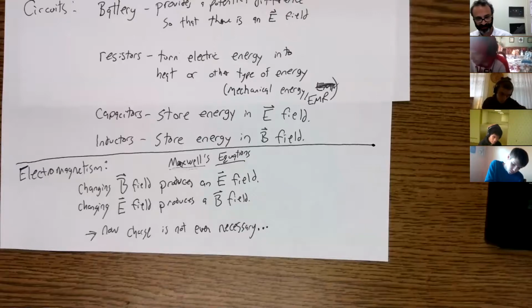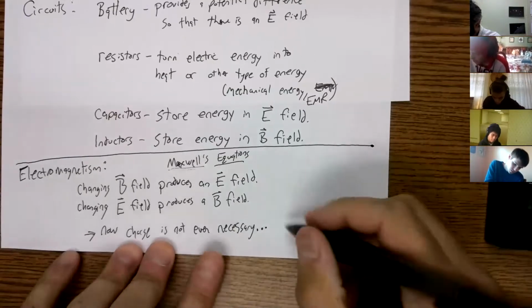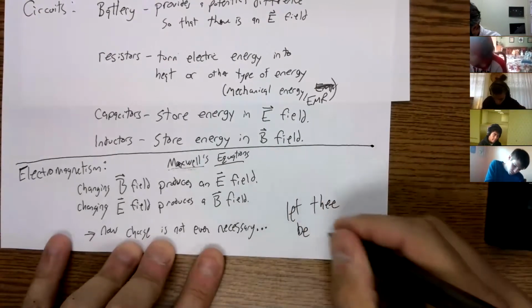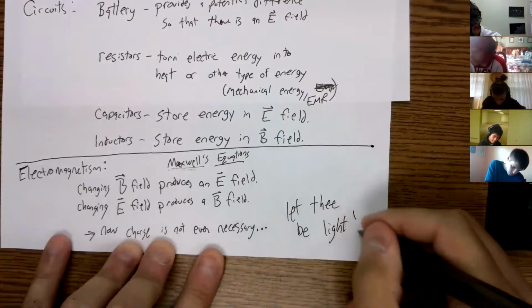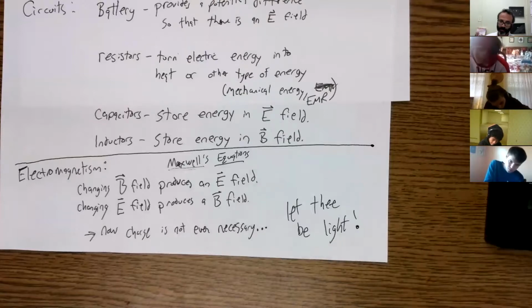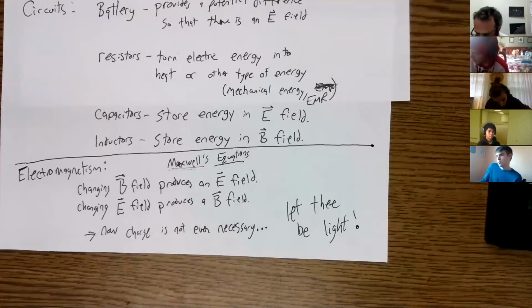And what you kind of get is this electromagnetic wave that radiates outwards. And what you have there is just called light. Right? All light and other electromagnetic radiation is just electric and magnetic fields oscillating back and forth in a wave and radiating outwards.